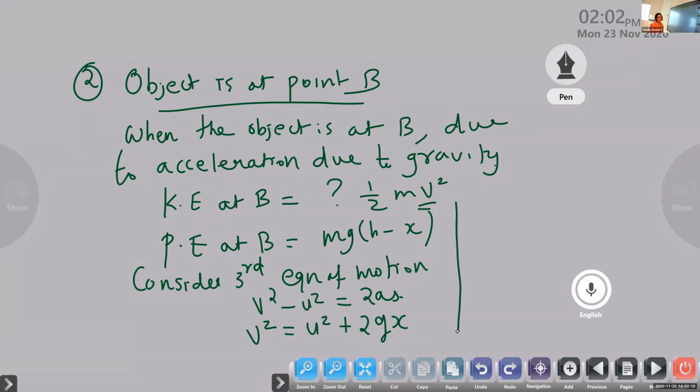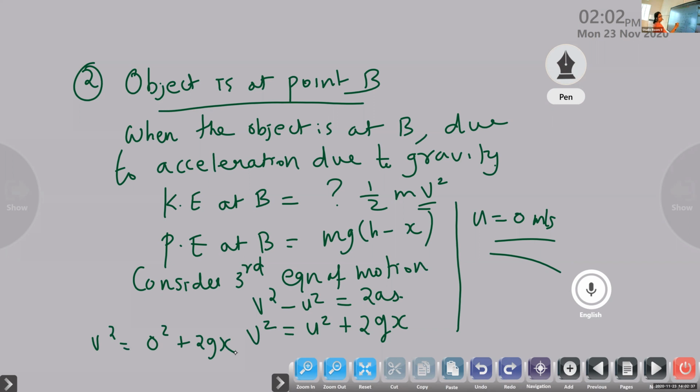I already told you, when an object is falling, the initial velocity is 0. When an object is moving upwards, at maximum height the final velocity is 0. When the object starts coming down, that is the initial velocity, u equals 0. Therefore our equation is v squared equals 0 squared plus 2gx.